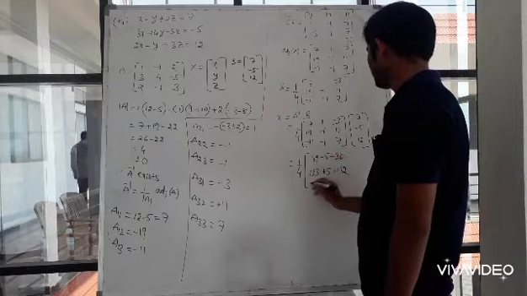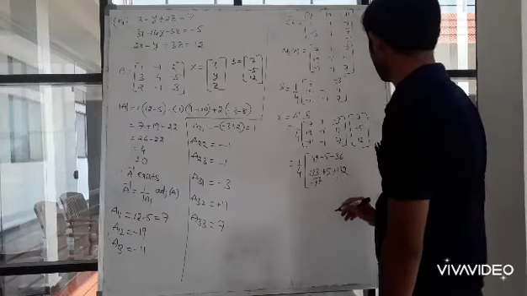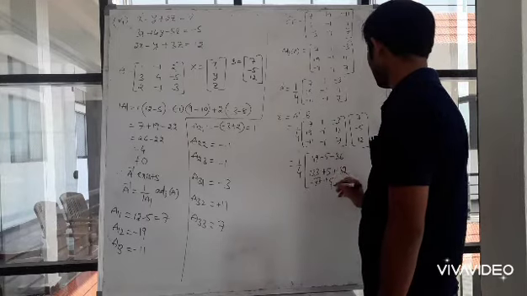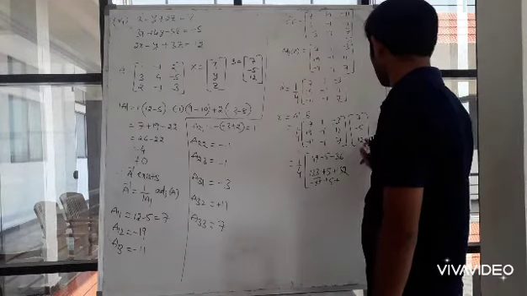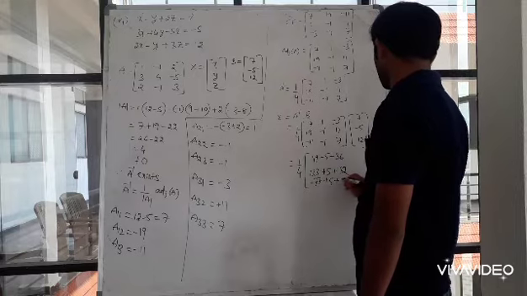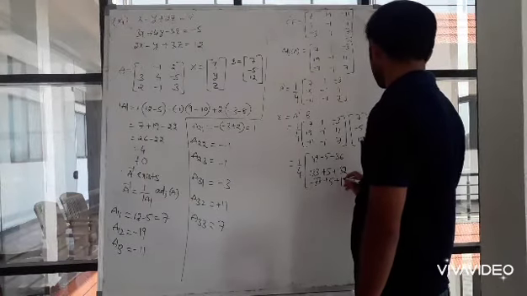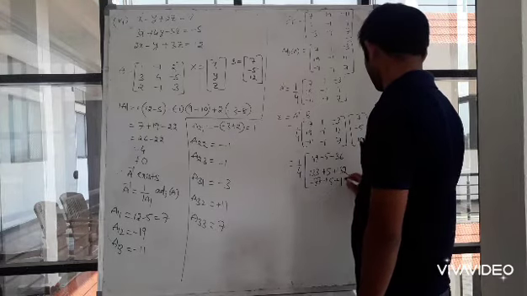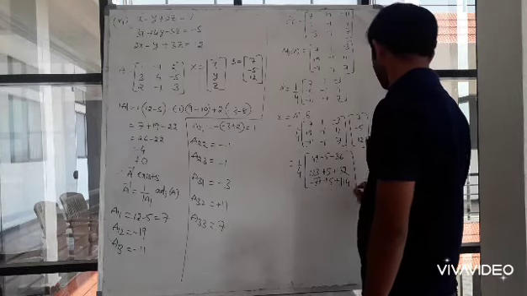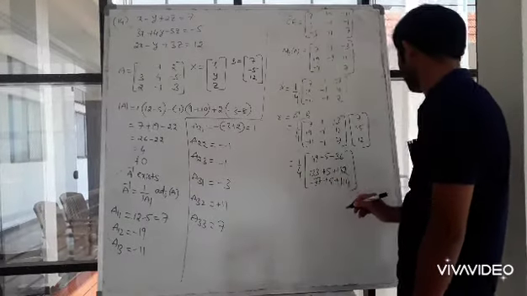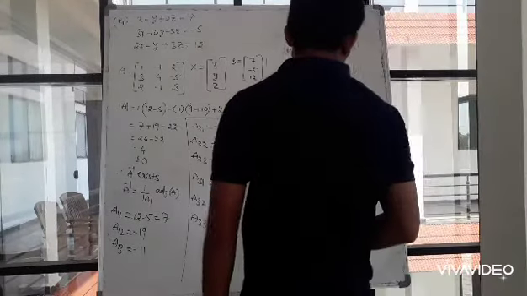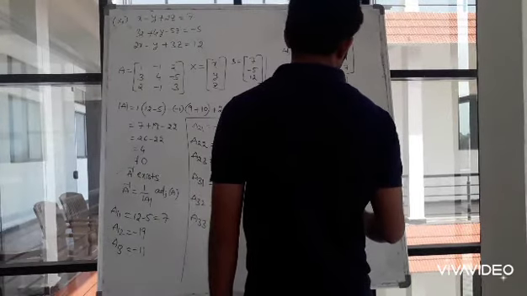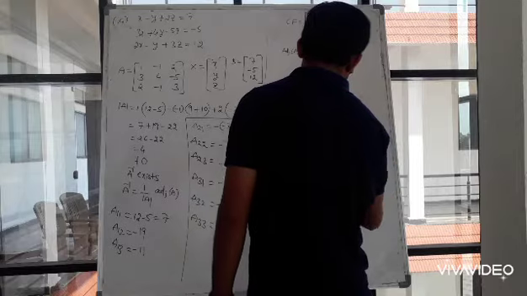Next, 11 sevens are -77. 5 into -1, sorry, minus plus 5 plus 12 sevens are 84. Seven twos are 14. Not 114, 84.